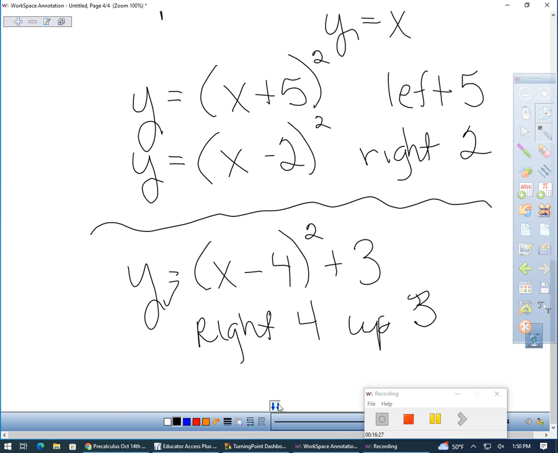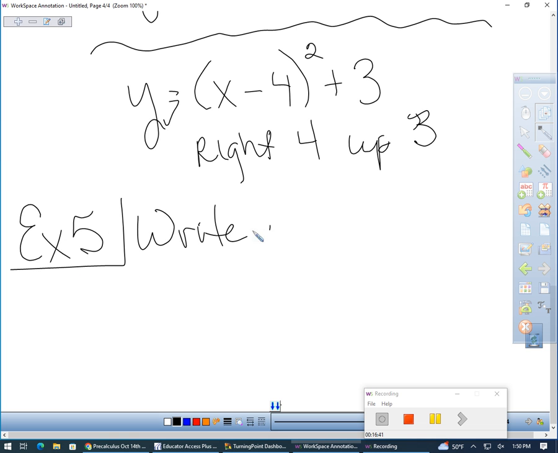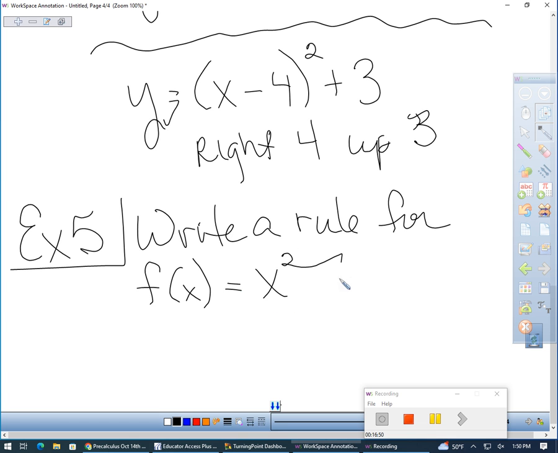All right. Let's try something like this. What is this, example 5? Write a rule for f of x equals x squared to move left 9.